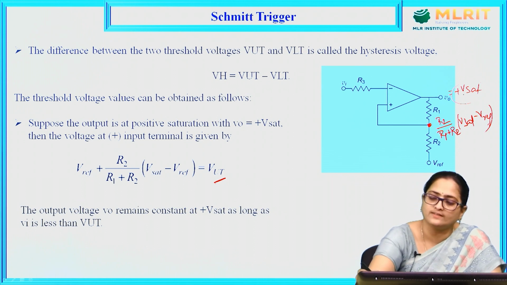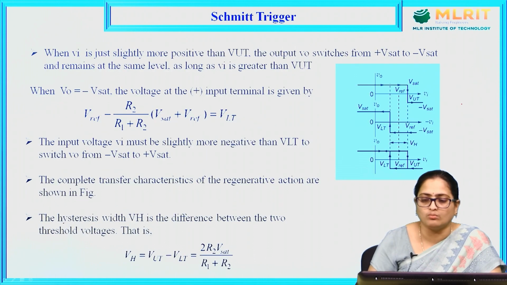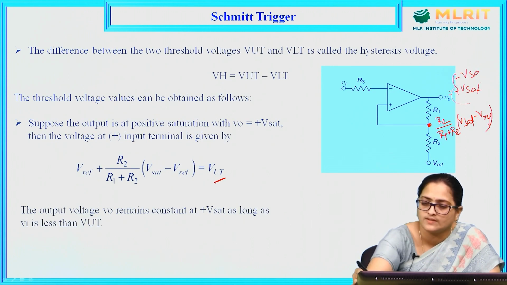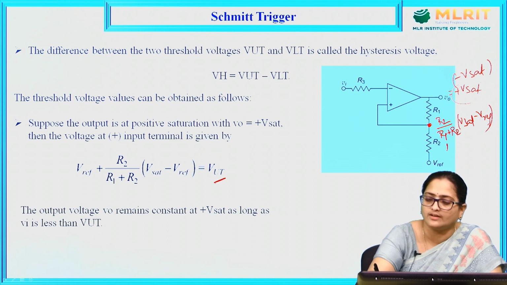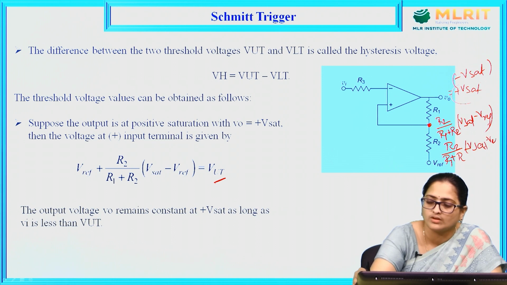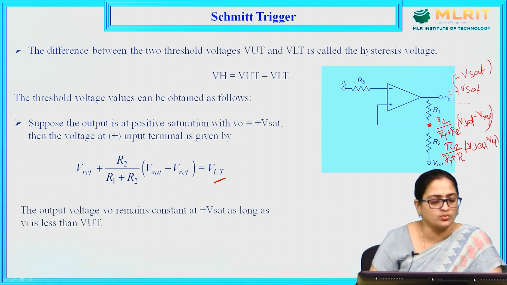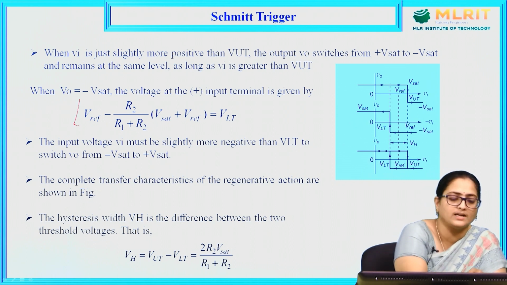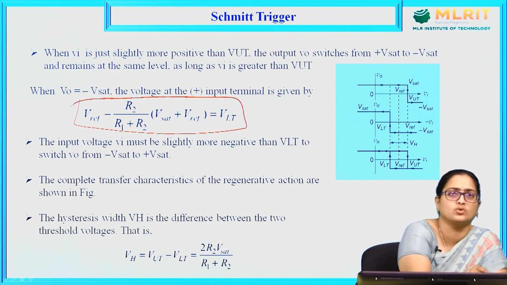And now, let us assume that V0 is equal to minus Vsat. Then you can write the lower threshold value as V reference minus R2 by R1 plus R2 into Vsat plus V reference, which is equal to the lower threshold value.